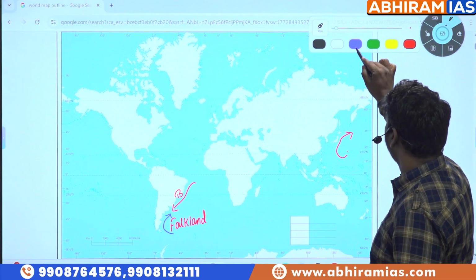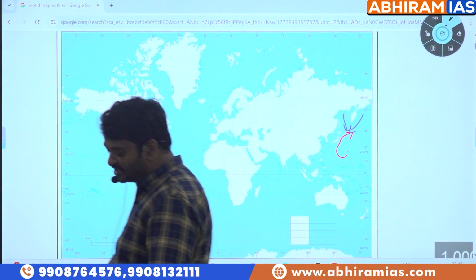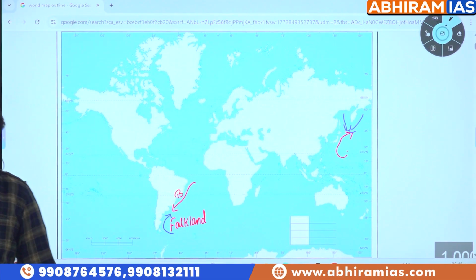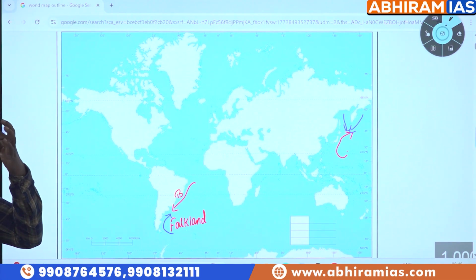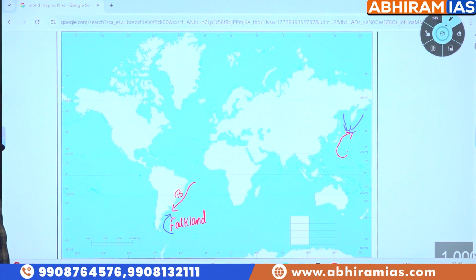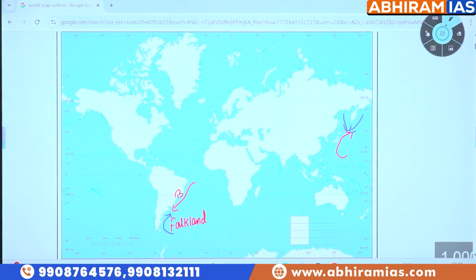Kuroshio from one side, Oyashio from another side. Near Japan, Kuroshio warm current, converge with Oyashio cold current.